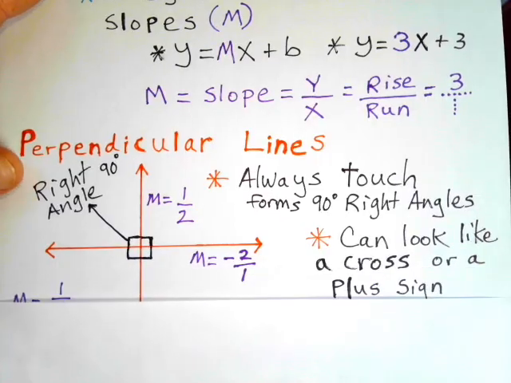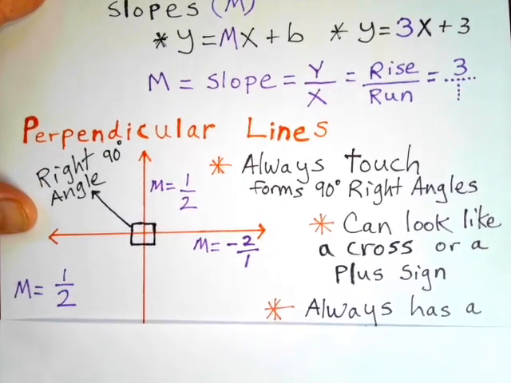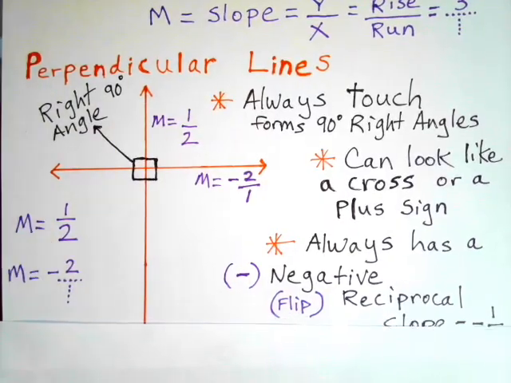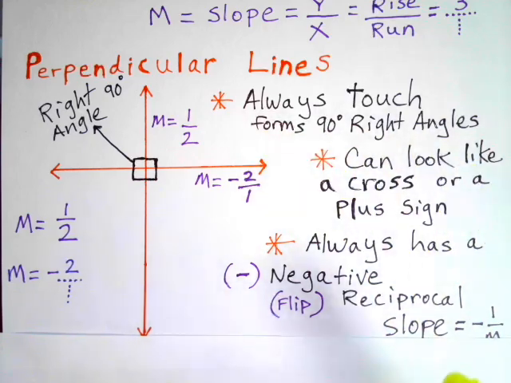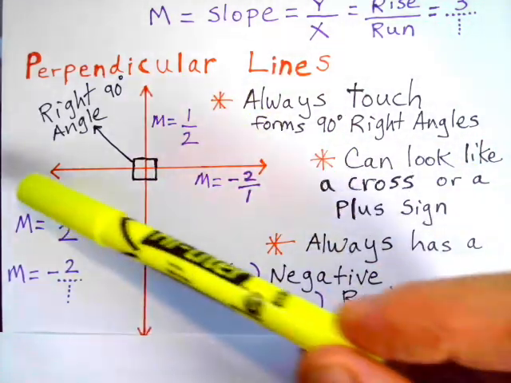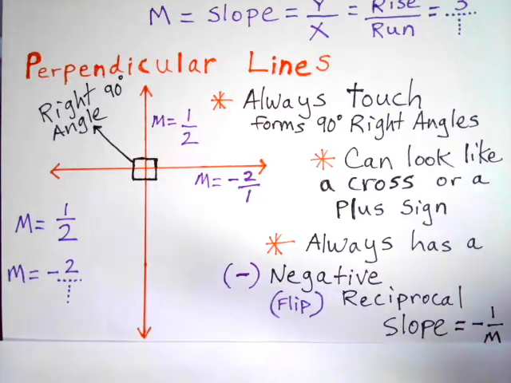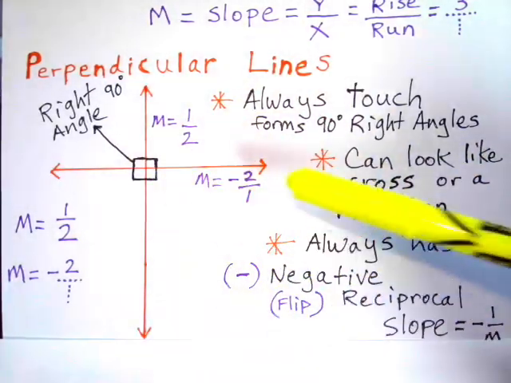Perpendicular lines, a little bit different here. Perpendicular lines always touch, they always cross, and they form 90-degree right angles. So you can see here, not drawn to scale, but you've got two perpendicular lines. You can see how they touch, they cross, right?